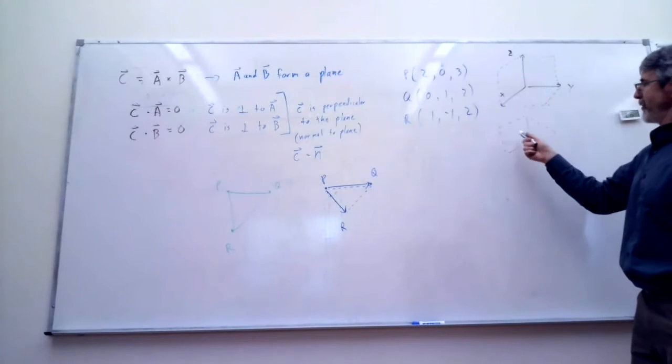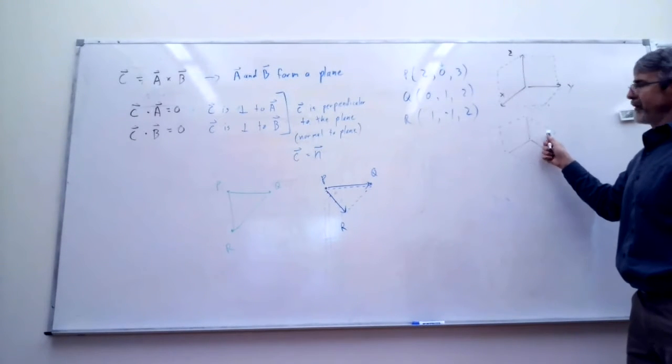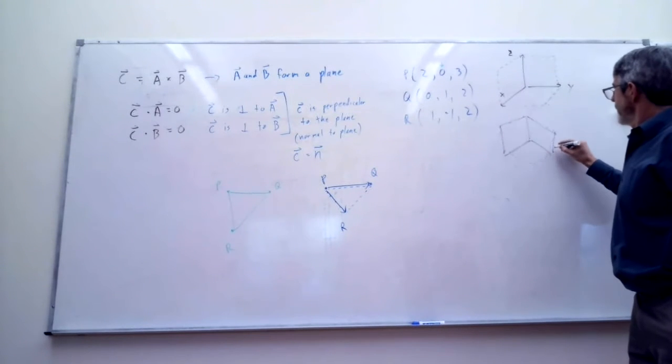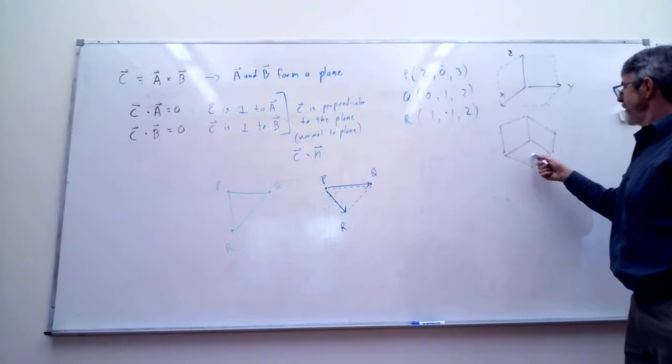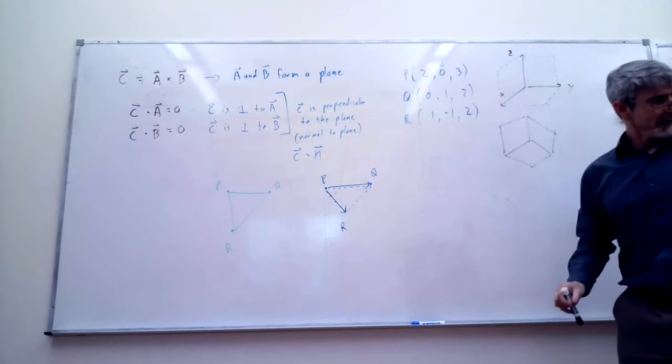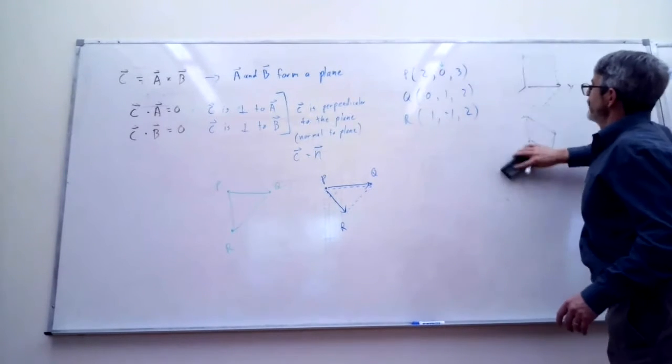If you're looking at the corner head on, you have the left wall, the right wall, and you would have the floor down there. Okay? So, just a little aside.